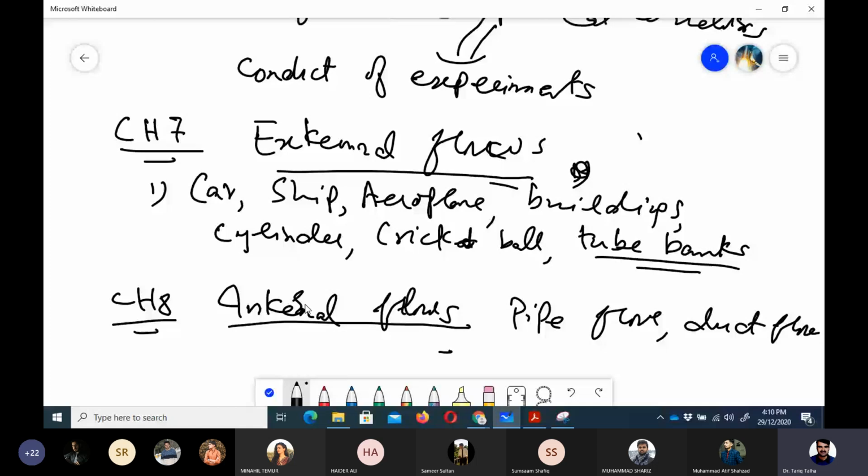In that you would be discussing major and minor losses, and then external flows, that is flow over sphere, cylinder, and these things, and flat plate boundary layer concept, which I have already given you, but not in greater detail because that is not the purpose of heat and mass transfer. So we would be focusing more on the heat transfer problem rather than the fluid flow problem. Major and minor losses you would be discussing in your FM2 courses.